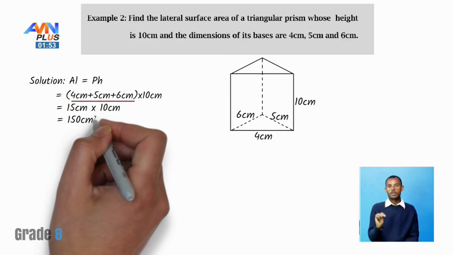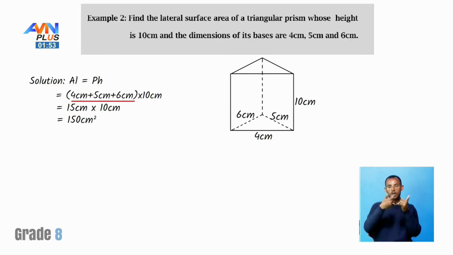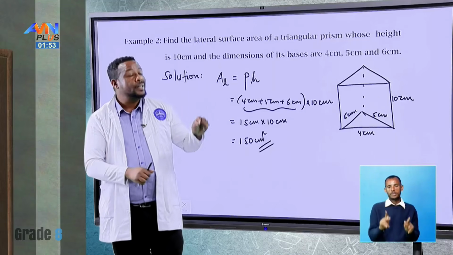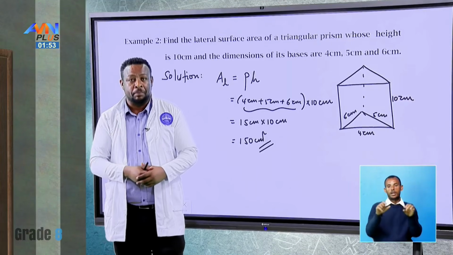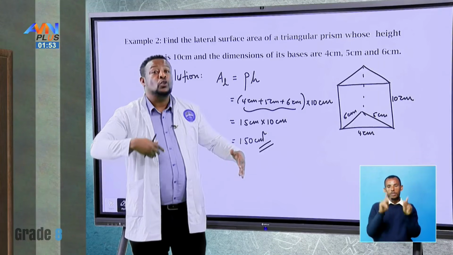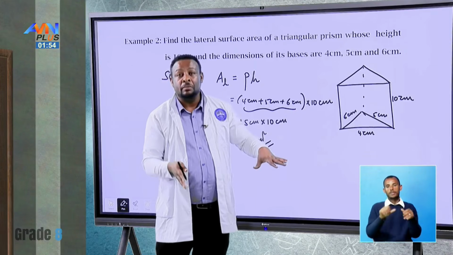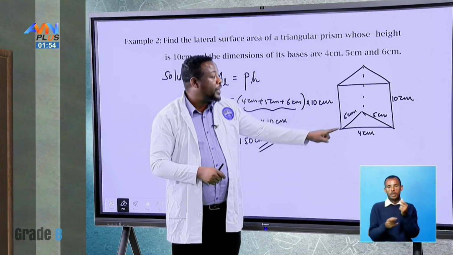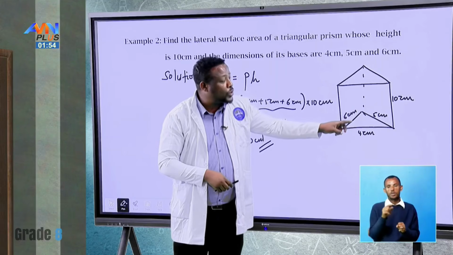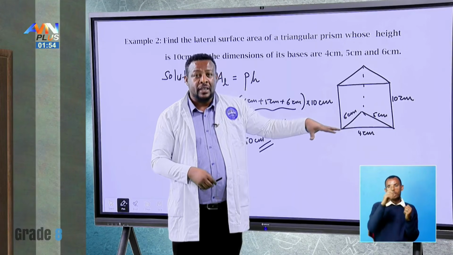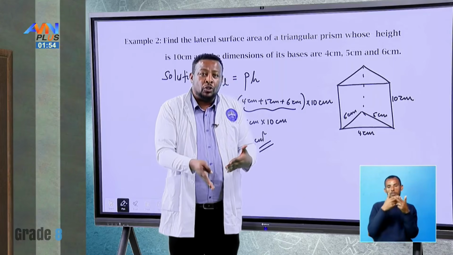So this is how you calculate the area of a prism, particularly the lateral surface area of a prism. If you are asked for the total surface area of this prism, you calculate the area of one base and multiply it by 2.